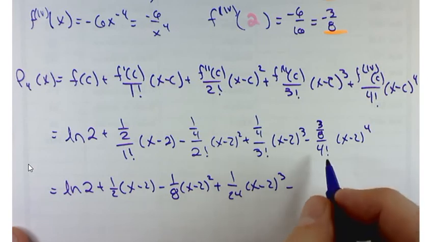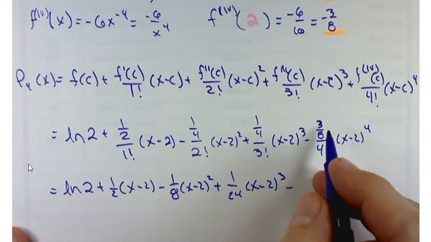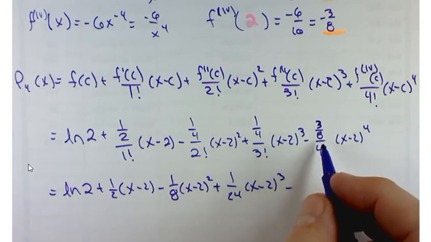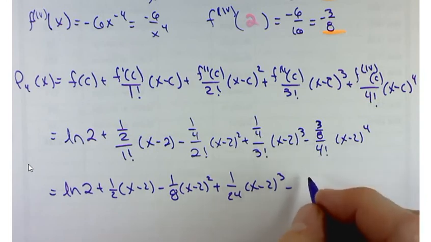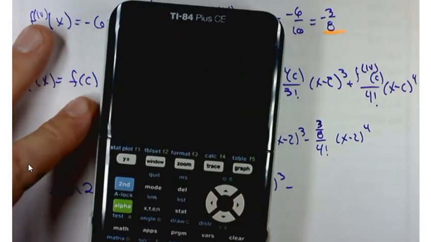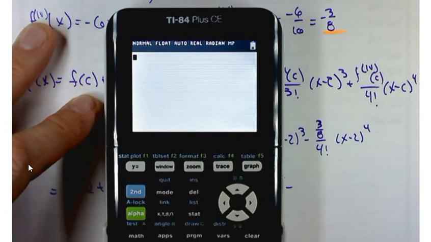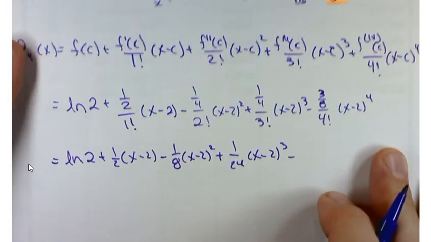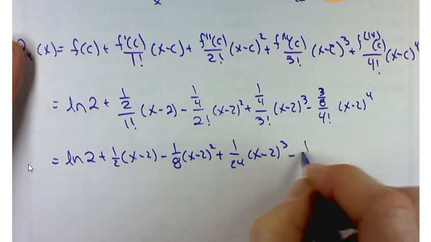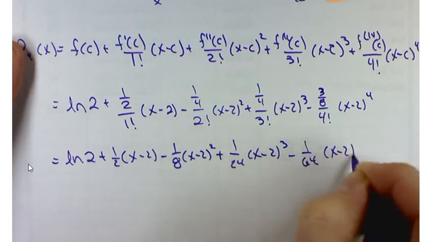Well, the 3 and the 3 here will cancel, so I'll be left with 2 times 4. Yeah, 1 over 48. Is that right? I don't know. All right, I'm a little brain dead, just kind of like you guys are. So 0.375 divided by 24, math, 1/64. Is that what you guys are getting? All right, 1/64 times x minus 2 to the fourth.